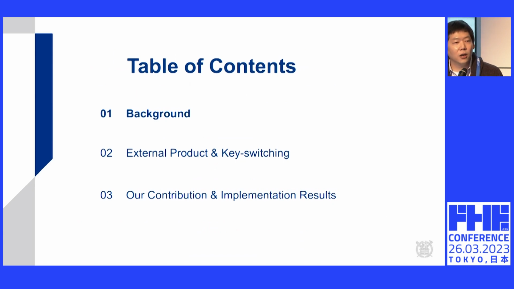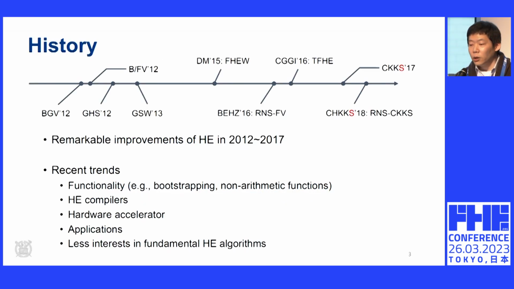All right. So my presentation is going to be a little bit technical, but I'll try to keep it as simple as possible. But before that, I should start with some background on homomorphic encryption. Historically, after the first FHE came out in 2009, there has been significant improvement in various aspects.